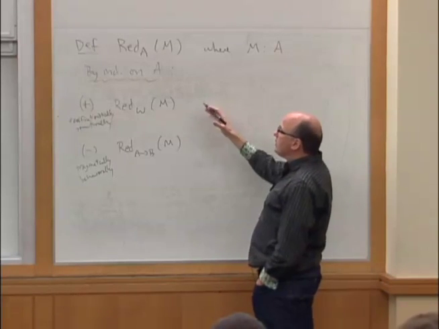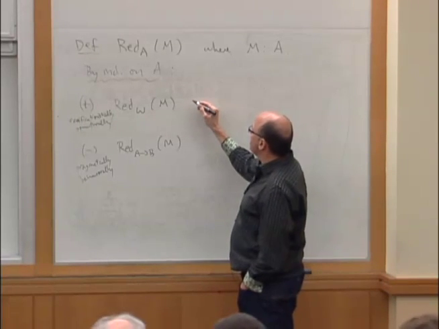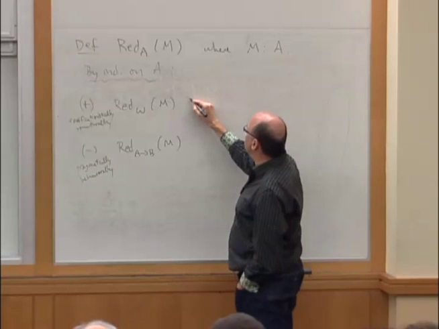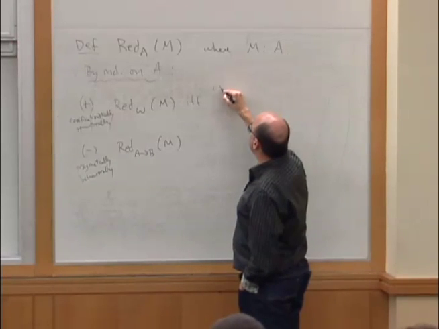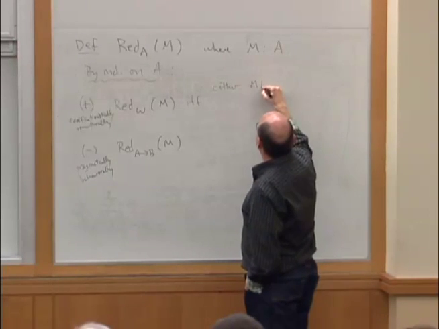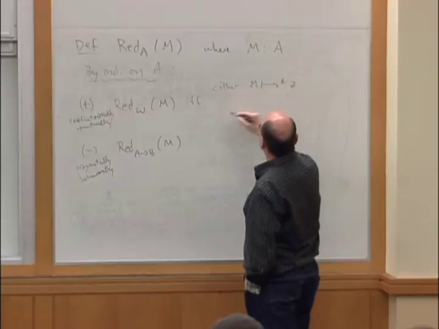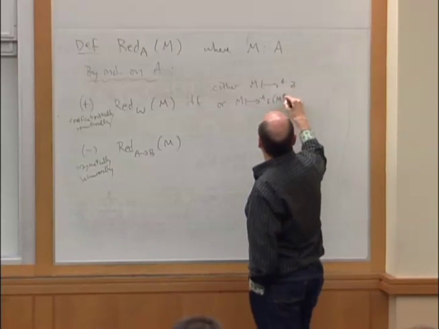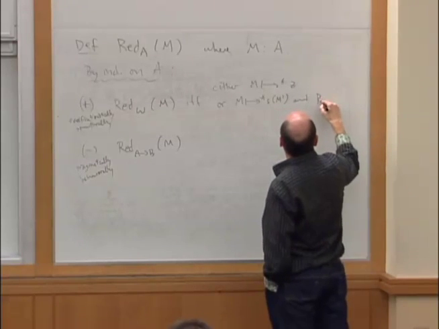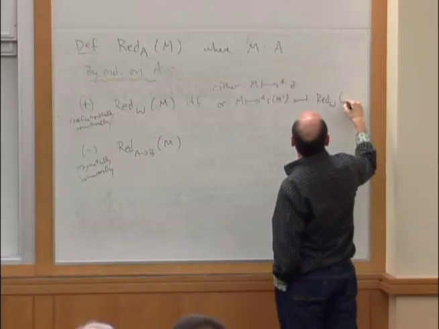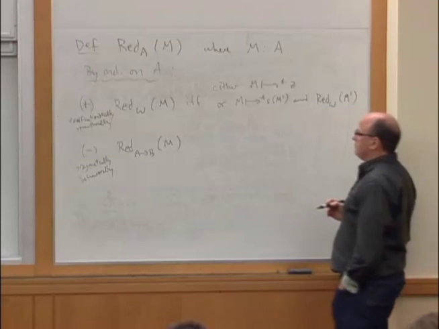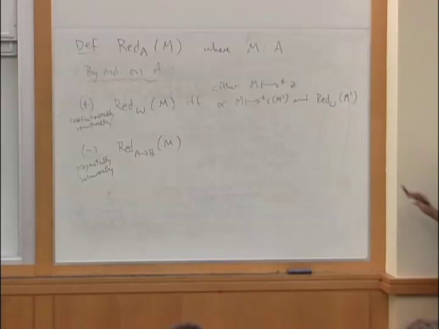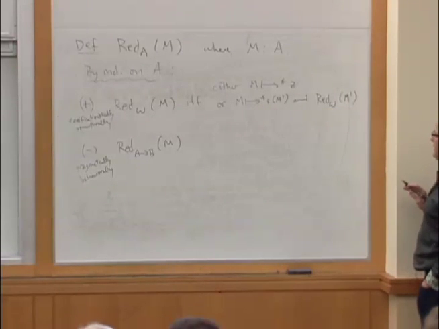So I just want you to observe a difference in the way I define them. I'm going to define this to hold if and only if either M reduces to 0 or M reduces to some successor and the predecessor is itself reducible at this type. I'm going to remark on that definition in a moment.